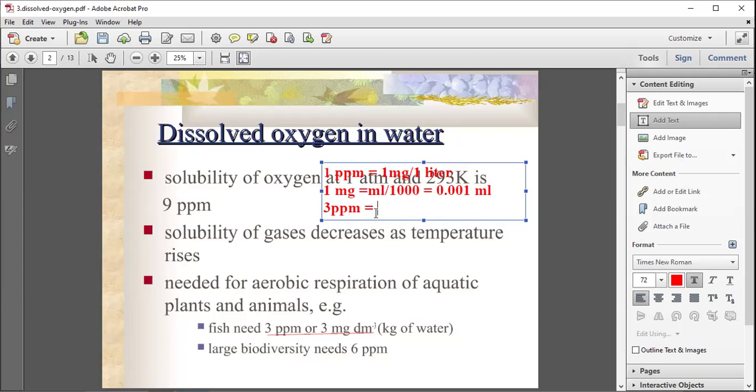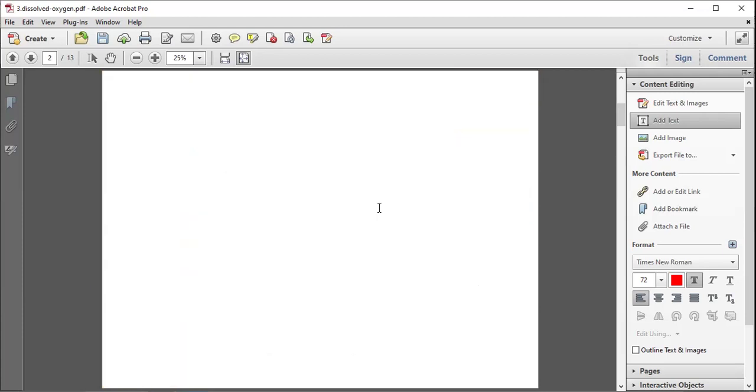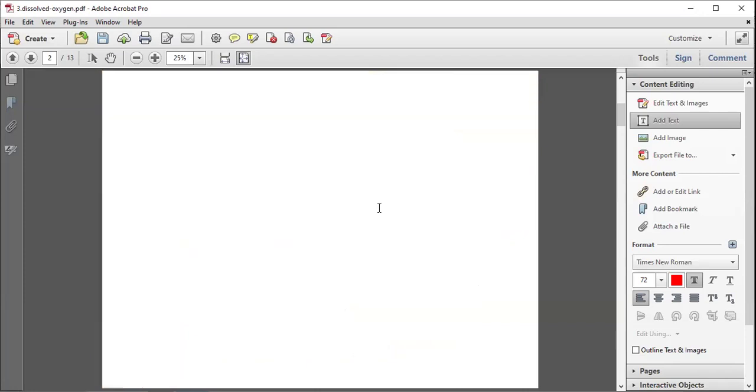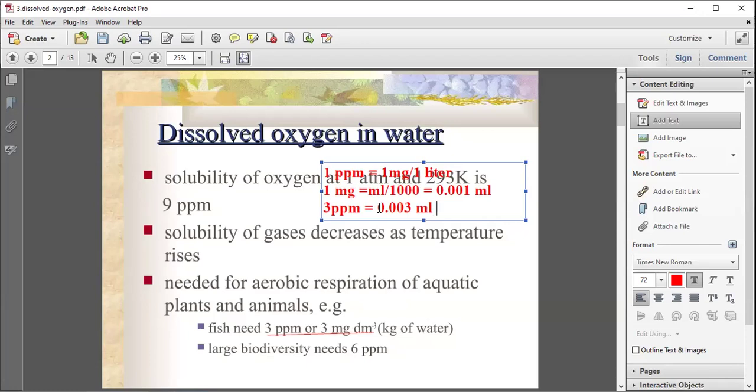So 3 milligram per 1 milligram, how much? 0.001. So you have to multiply, so 0.003 milliliter per liter, right?